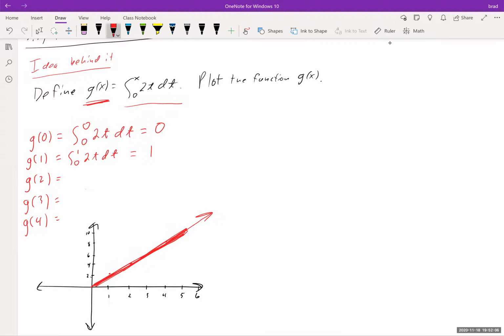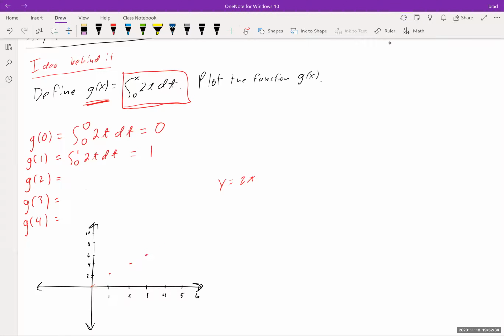Now we have to remember this idea: the definite integral stands for the area under the curve, between the x-axis and the curve itself. So if I graph y equals 2t, this is what it would look like, okay?